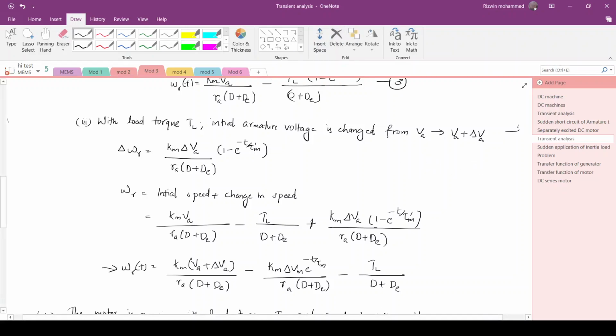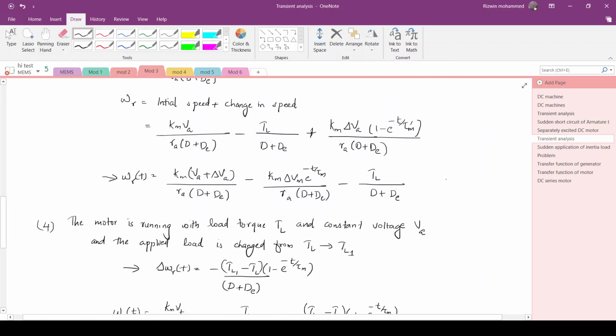So we are analyzing this change in speed due to change in voltage alone. When you apply the Laplace transform and take the inverse, you will get the change in speed as such. The initial speed will be the steady state speed of the motor that we have seen in steady state analysis, and we add the change in speed to it. After rearranging, we will get equation number 4.